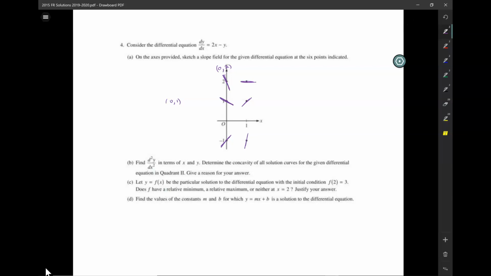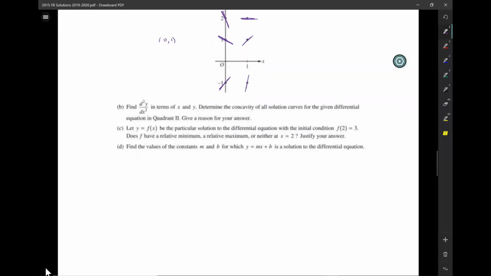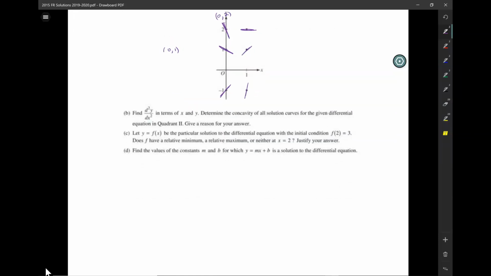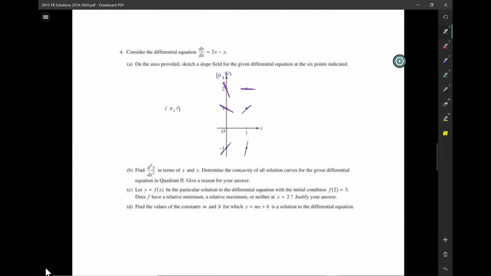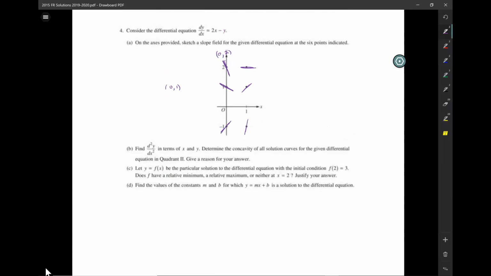Now, number 4, part B, that's one I haven't seen in a while. It used to show up a lot before. All right, so find d squared y dx squared in terms of x and y. Okay, fine. So basically we just want the derivative of that. So d squared y dx squared is equal to d dx of that.